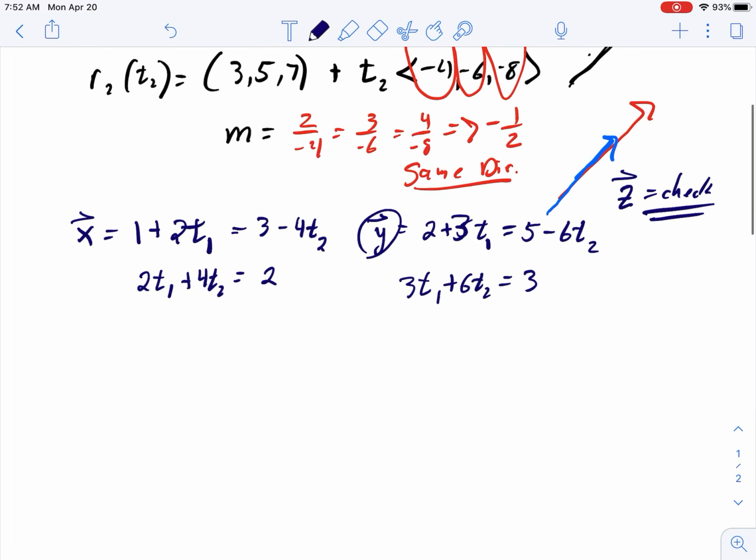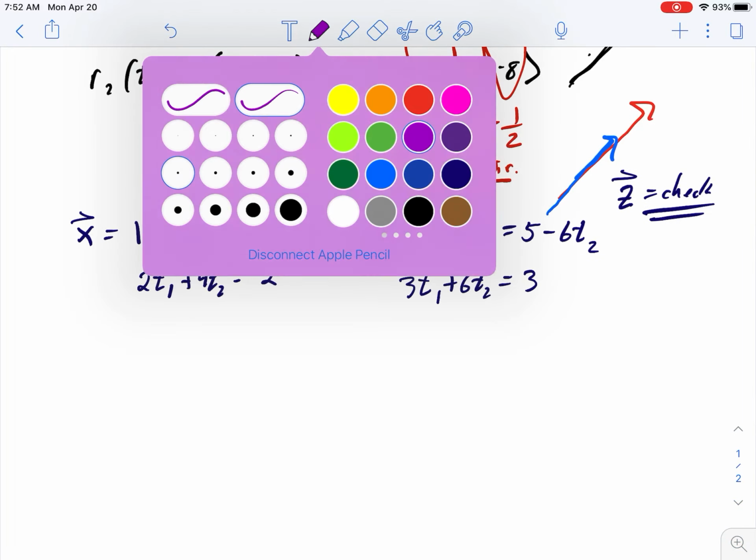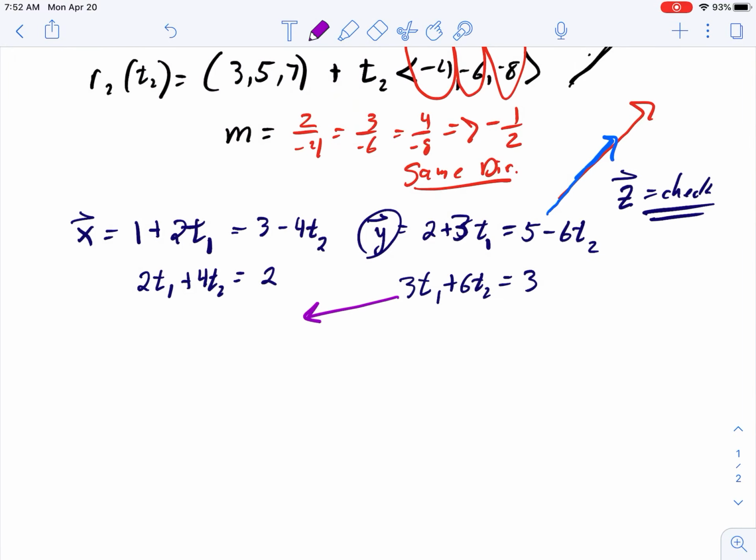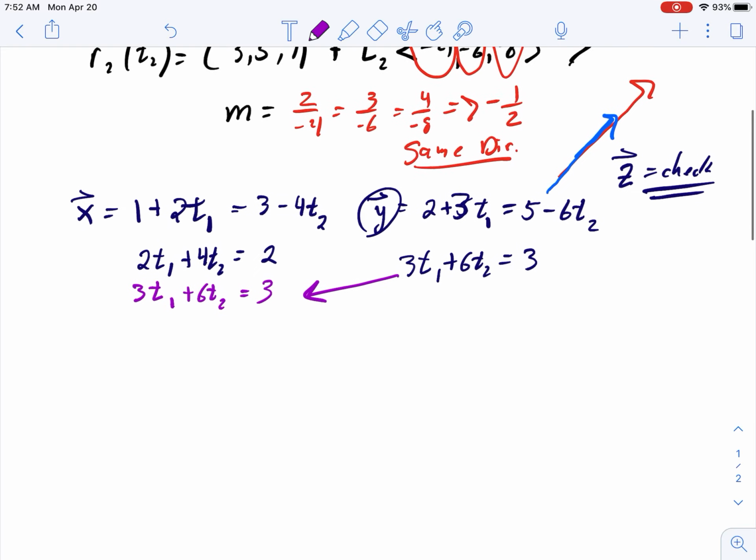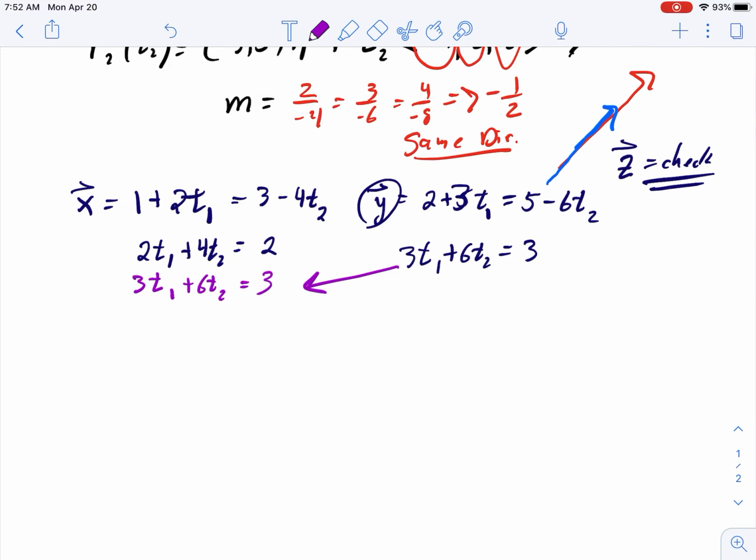So what we have here is two equations, two unknowns. So let's change color here. If I move this over here, this is 3t1 plus 6t2 equals 3. Now you're used to seeing x's and y's here, but now it's just t1 and t2.